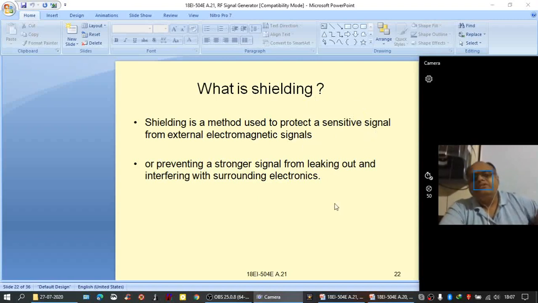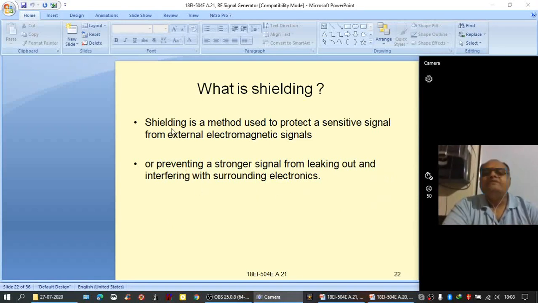Similarly, the RF signal generated by the circuit itself should not disturb the component values within the circuits, because component values vary with the frequency. When the frequency is varied, if the component values also are varying continuously, then we cannot guess what exactly is the output frequency.